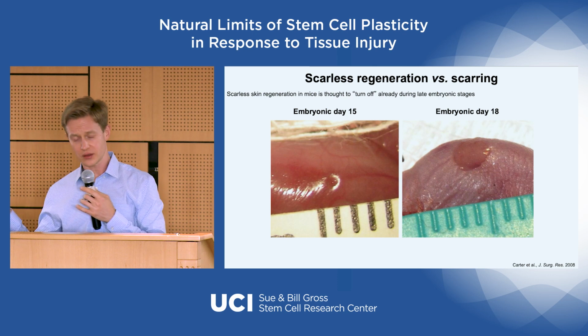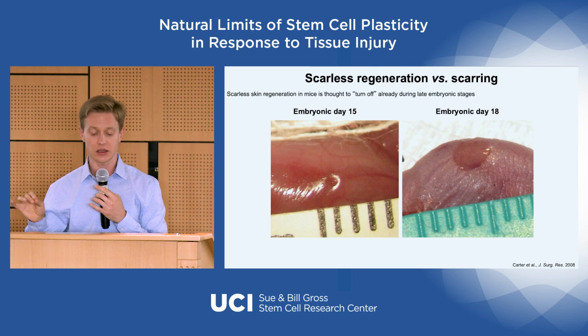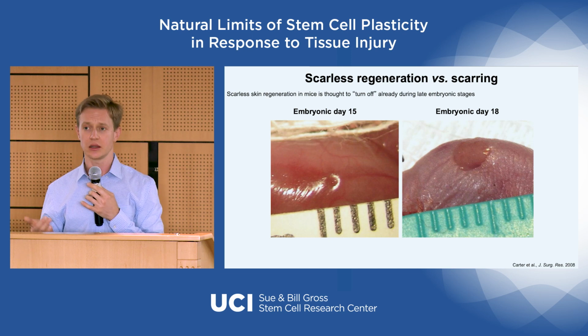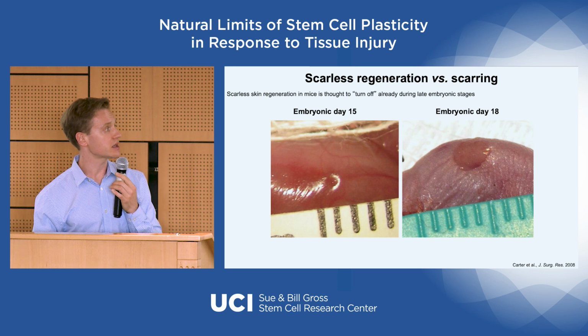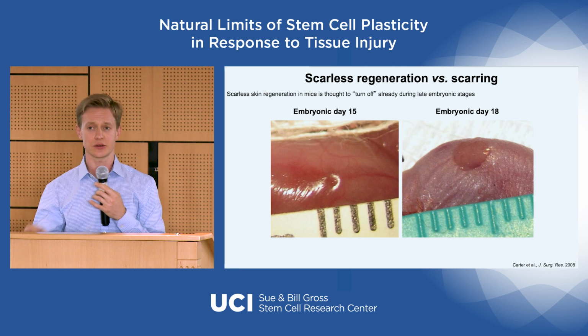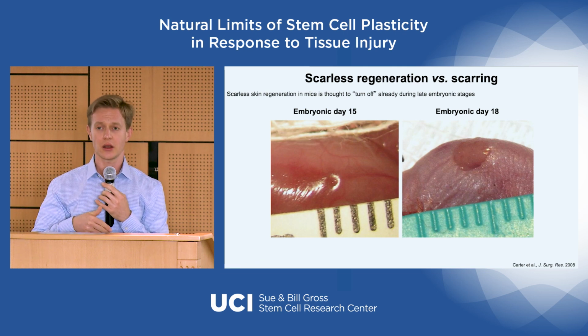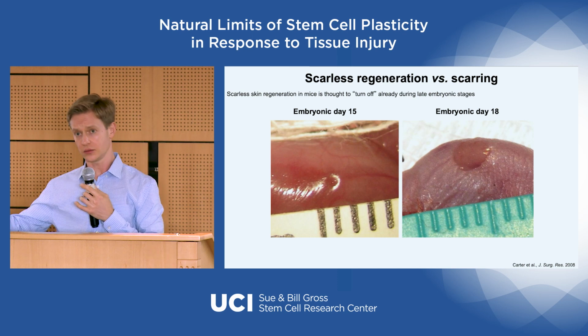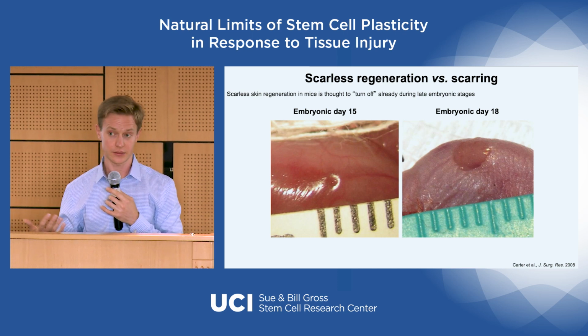Day before birth, approximately embryonic day 18, if you were to do the same kind of wound, and then the pup will be born, you can immediately tell the difference because it doesn't look the same, right? So now, just a few days later, you start to heal by scarring. So there's something that the earlier fetus had that the later fetus has lost, and as an adult, you also don't regain that ability, typically.